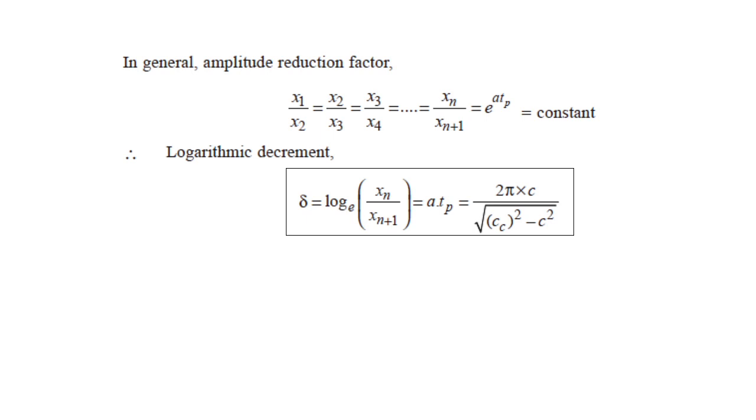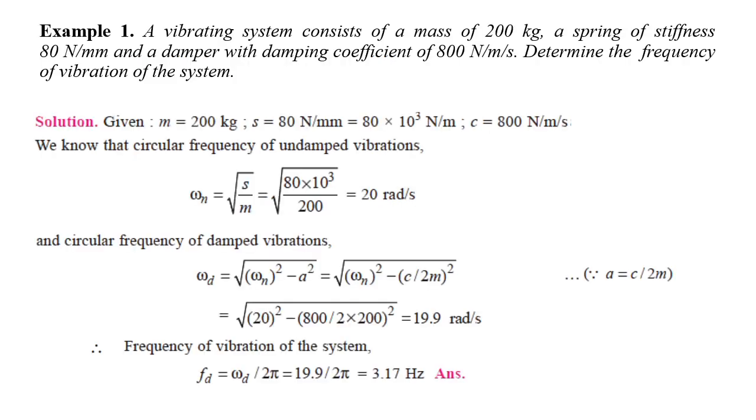Now in general, the amplitude reduction factor we can write as x1 upon x2 is equal to x2 upon x3 is equal to x3 upon x4 is equal to xn upon xn plus 1. Remember, these ratios are constant. Therefore, delta formula you have to remember as log to the base e of xn upon xn plus 1, and it is equal to twice pi c upon square root cc square minus c square. Remember for the problem purpose.